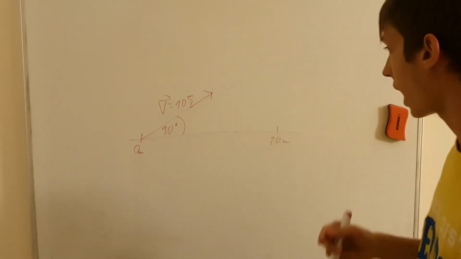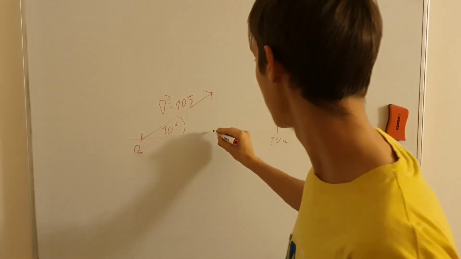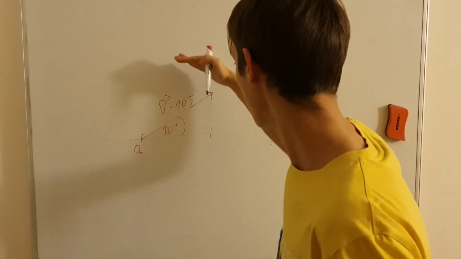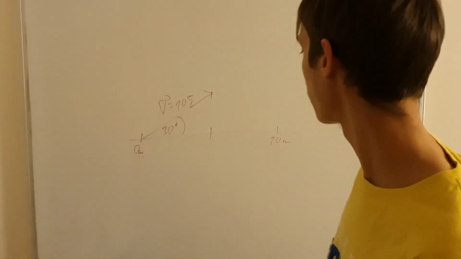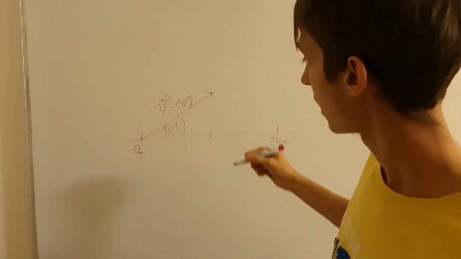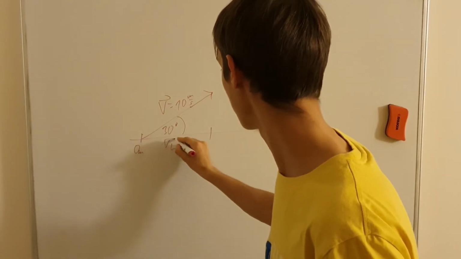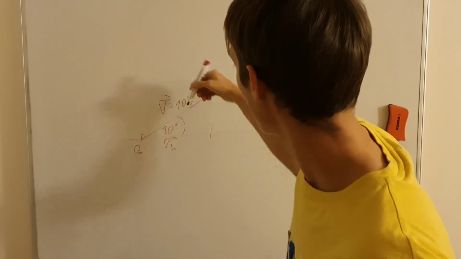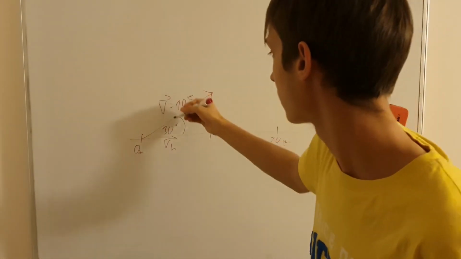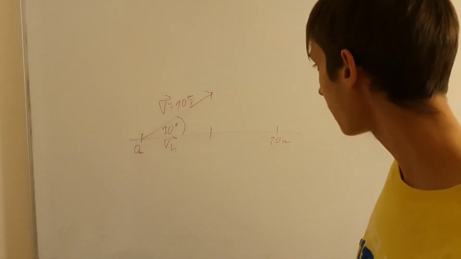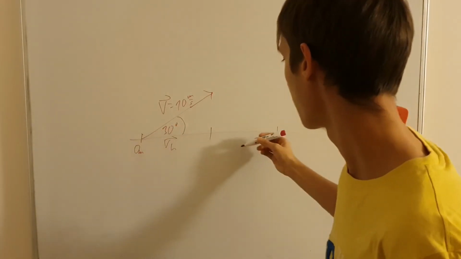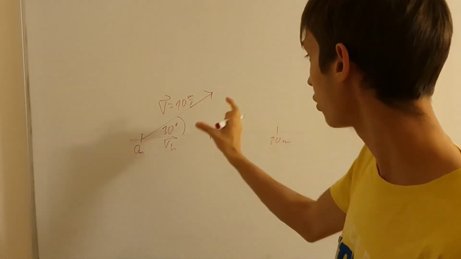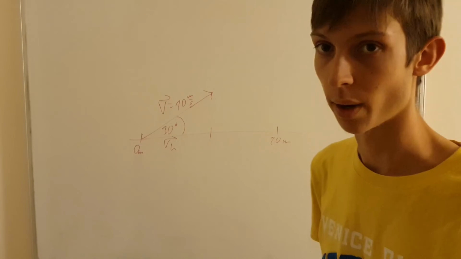And to determine that, I will use cosine. So I know that the horizontal component is the reflection of this vector right on the horizontal ground. And to get the horizontal component, the rule is take the angle it makes with this vector I'm given. So that is 30 degrees. Take the cosine of it and multiply the initial vector by it.